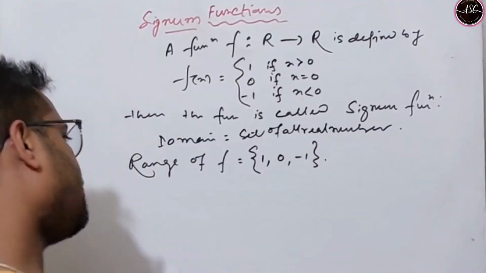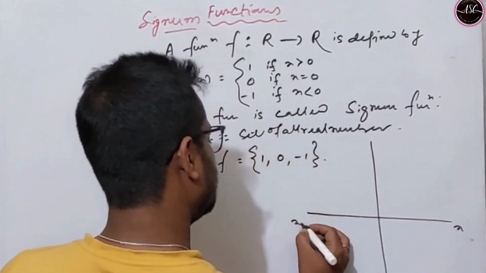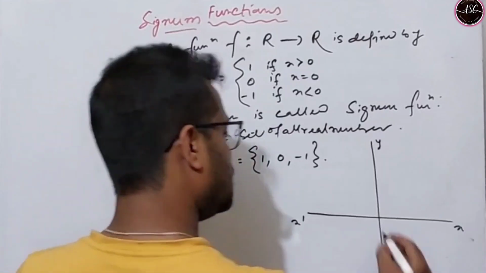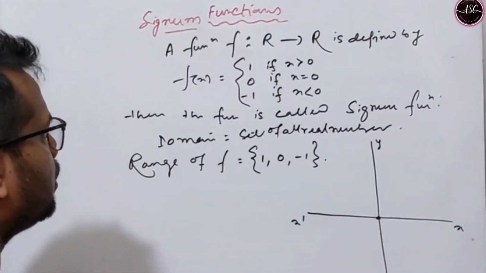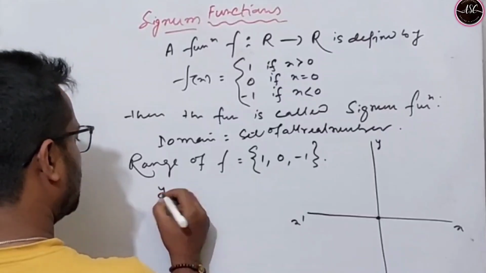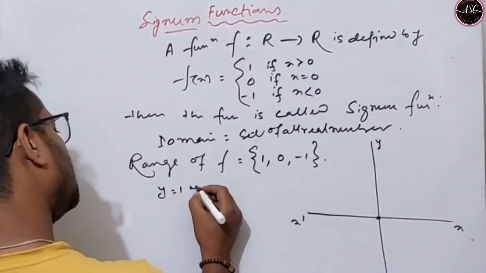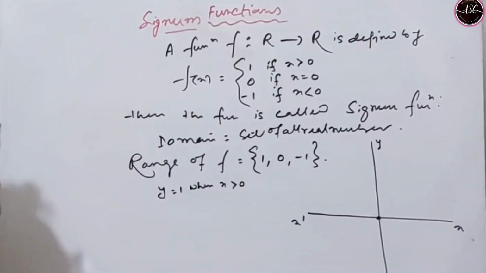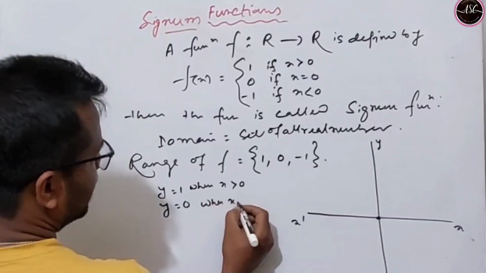If we draw the graph, what will be the graph? X dash, y dash. Okay, so this is the origin. If we put y equal to 1 when x greater than 0, y equal to 0 when x equal to 0.